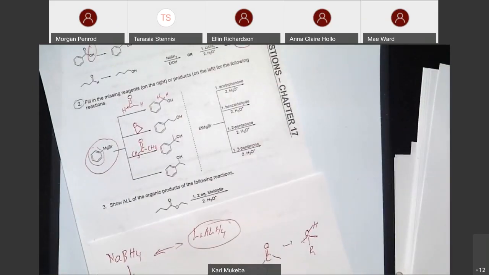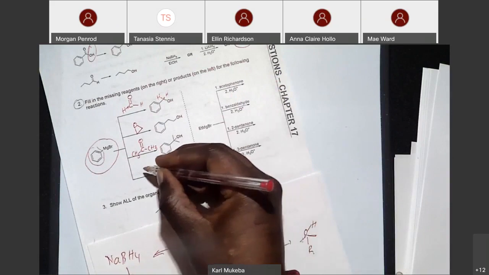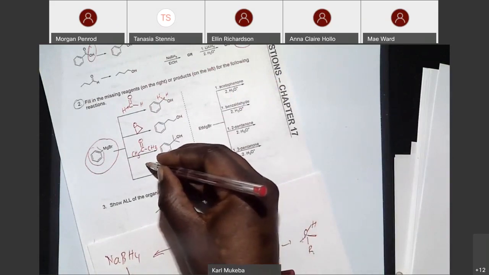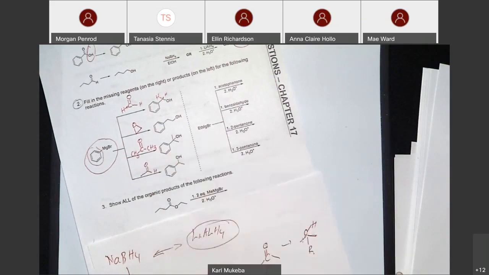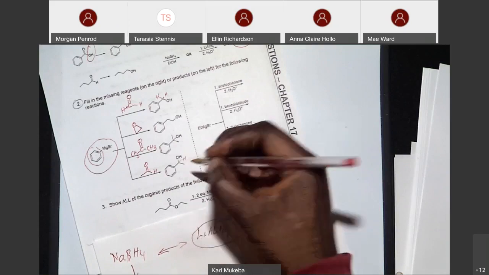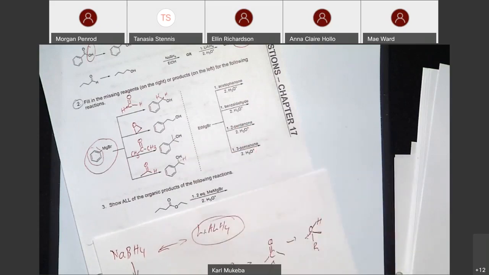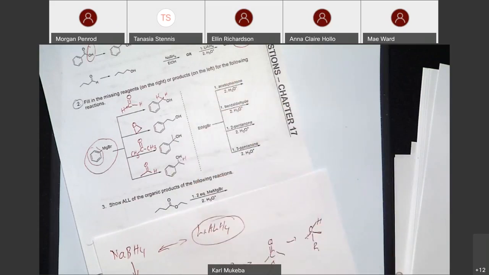Does that make sense? Because we will have H somewhere here, which we don't often represent, but put in your mind that there is H somewhere. So you have your carbon, and it has 4 elements attached to it.